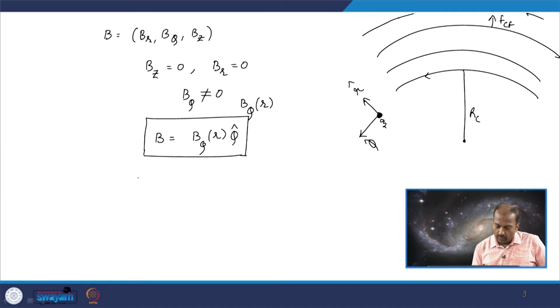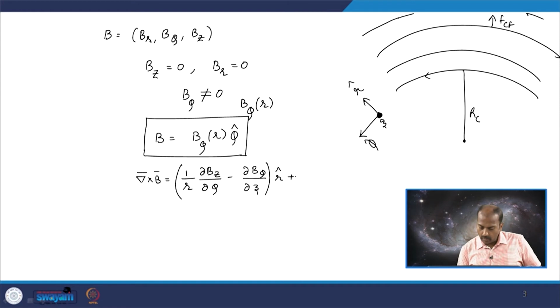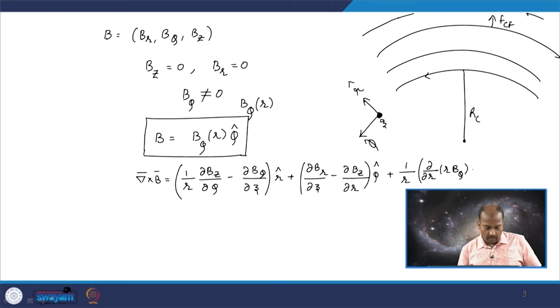Now, we know from the Maxwell equations that del cross B, the curl of the magnetic field in cylindrical coordinates, can be written as 1 by r dou Bz by dou phi minus dou B phi by dou z along r cap, plus dou Br by dou z minus dou Bz by dou r across phi cap, plus 1 by r dou by dou r of r B phi minus dou by dou phi of Br across z cap.